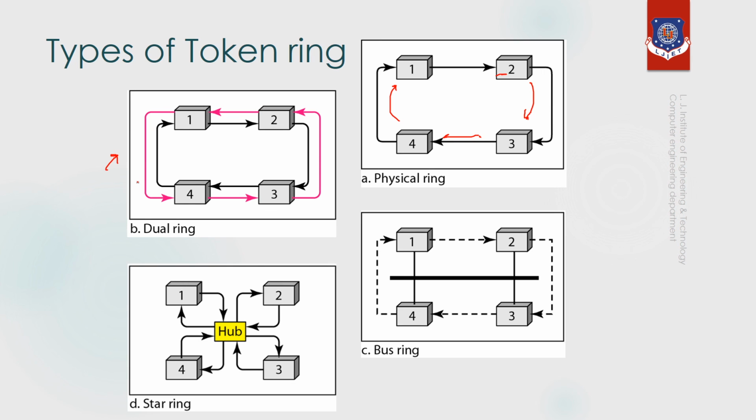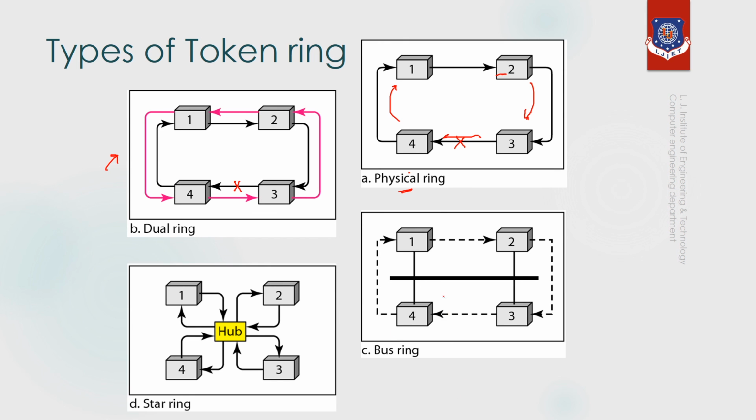So what is the advantage of the dual ring? If any link is broken, the communication is not stopped. In the physical ring, if a link is broken, no device can communicate because the ring is broken. In the dual ring, you can still communicate if one ring is broken.